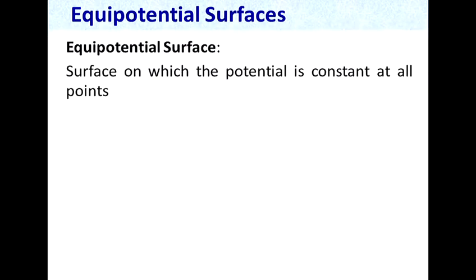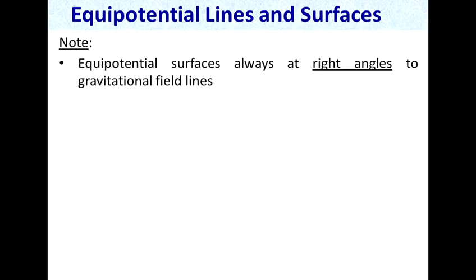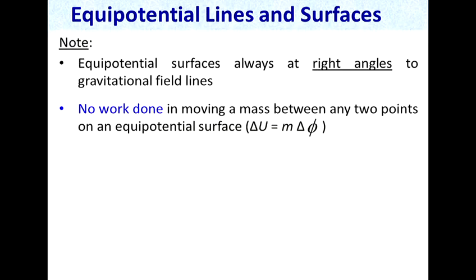Equipotential surfaces, similarly, are surfaces on which the potential is the same at all points. Equipotential surfaces are always perpendicular to gravitational field lines as well, just like equipotential lines. Because the potential is the same across any point on the surface, when you move from one point to another on the surface, no work is done, assuming you move at constant speed.